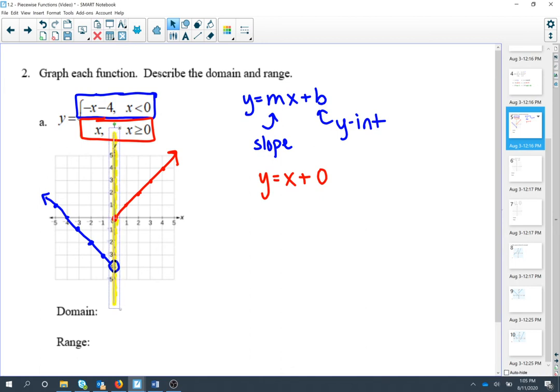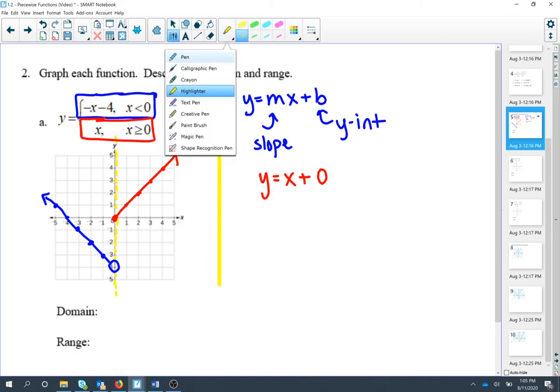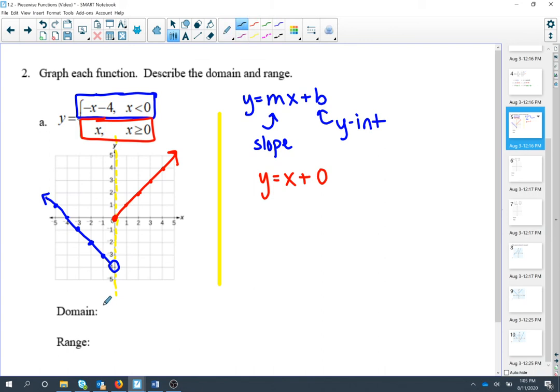Am I touching when I'm right there on the y-axis? And the answer is yes. I'm not touching the blue part, but I am touching the red part. So I am touching something of the graph, and then touching the whole way out to infinity. So my domain is all real numbers.